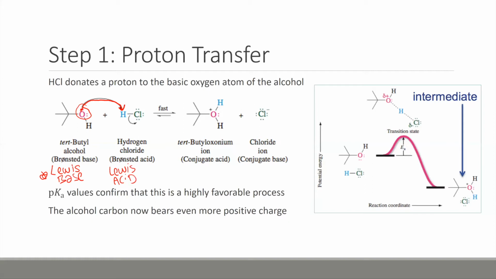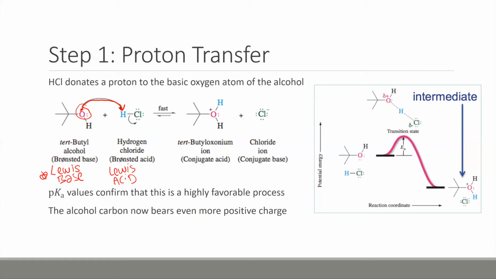Okay, so they're both a Bronsted base and a Lewis base, and a Bronsted acid and a Lewis acid. The pKa on this, if you're talking about an acid-base reaction, because this is a type of acid-base reaction, confirms that this is a highly favorable process. We're doing this in very acidic conditions that are favorable to this alcohol picking up that hydrogen.